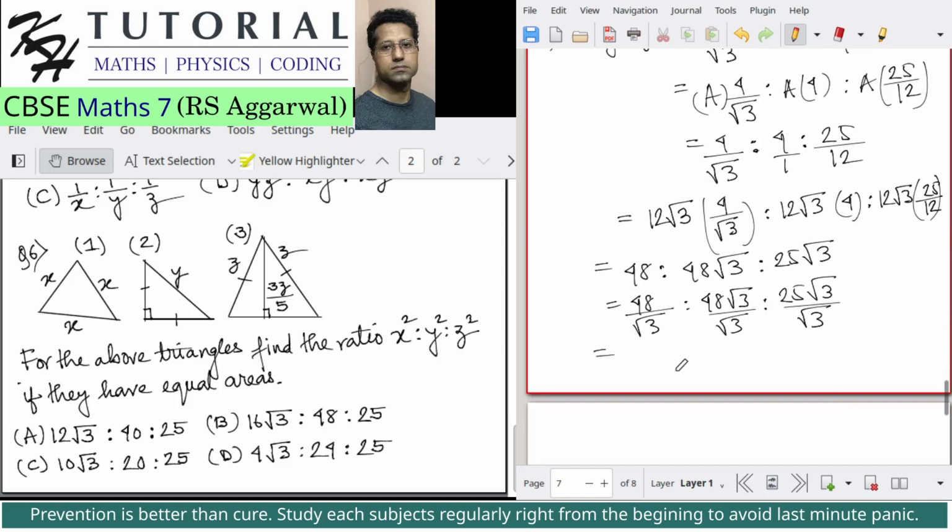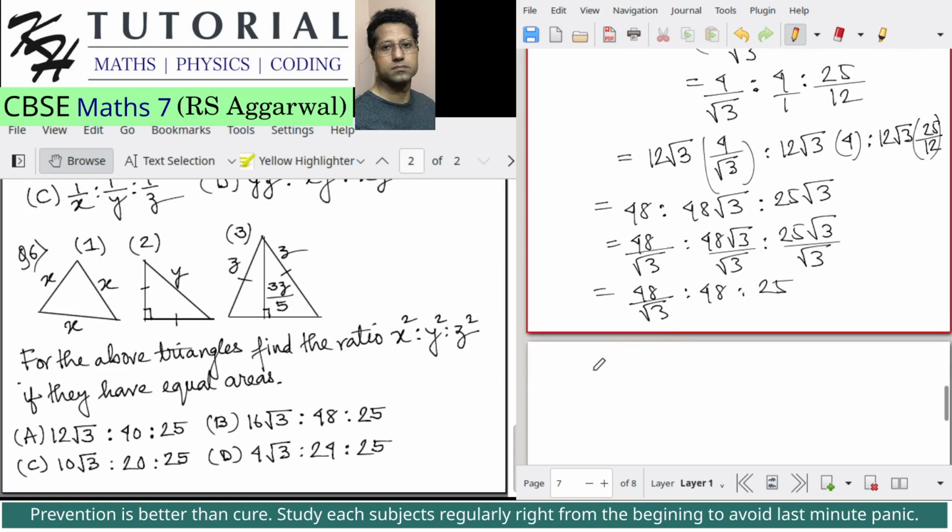So this now becomes 48 by square root of 3 is to 48 is to 25. It is coming close to choice B. What is 48 by square root of 3? If I multiply both sides with square root of 3, it must be like this. And we have 48 is to 25.